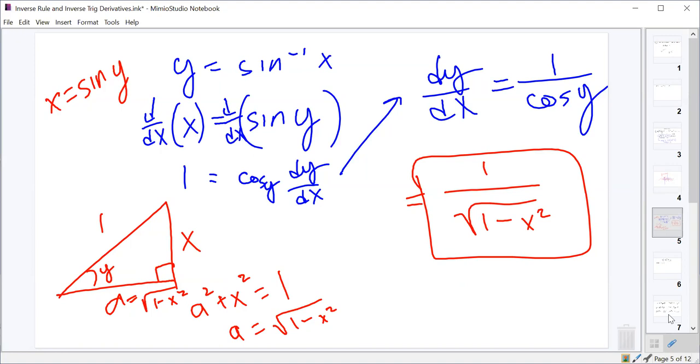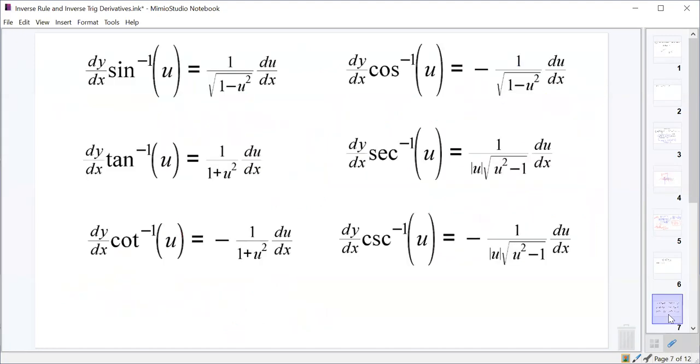Yes, we could. And here are all of them written out using the chain rule. dy dx of inverse sine of u is 1 over root 1 minus u squared times the derivative of u, and so on. So you want to know and memorize all 6 of these derivatives of inverse trig functions.